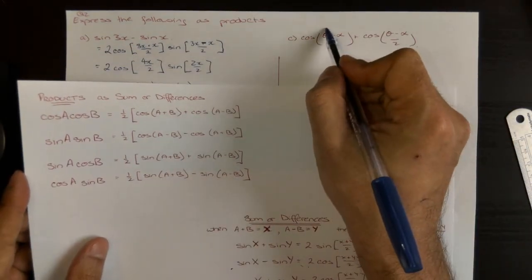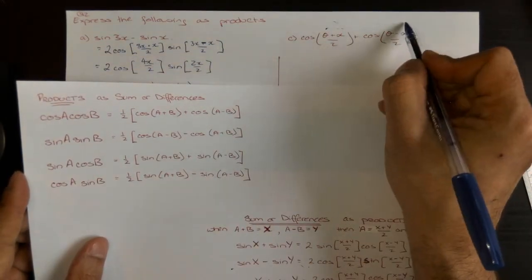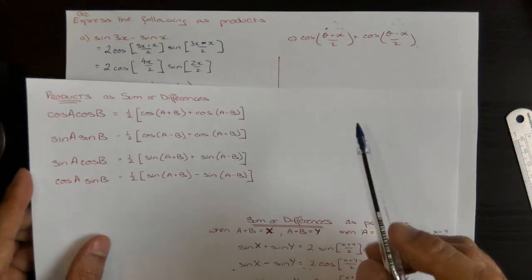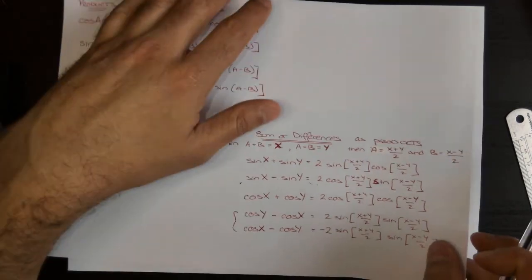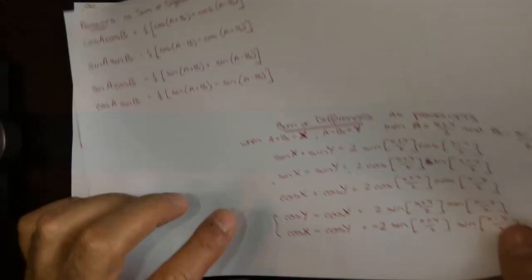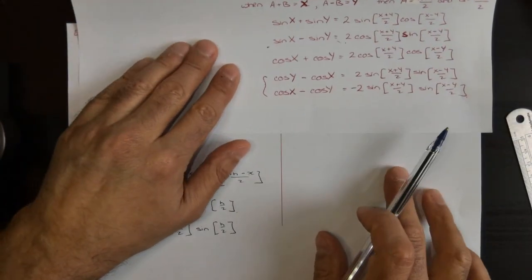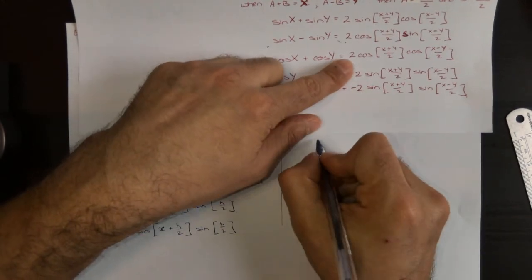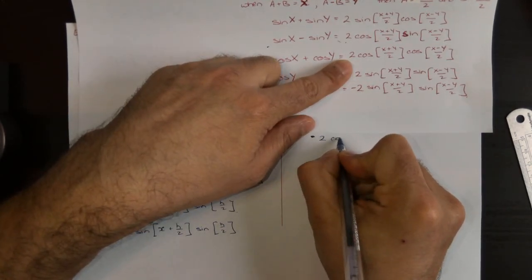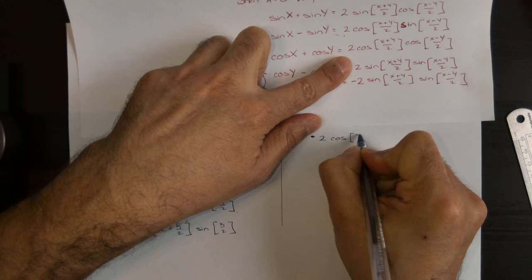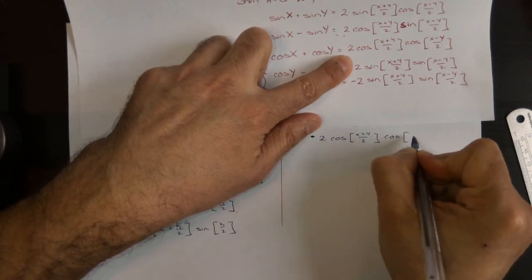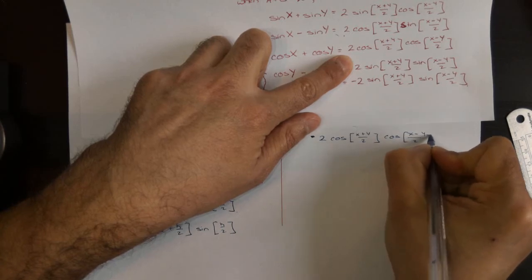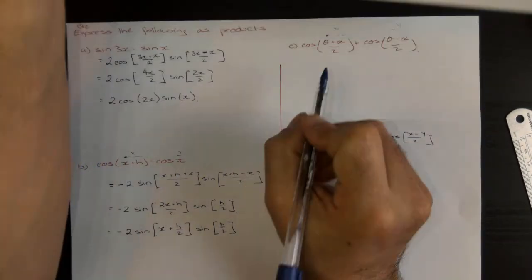So we've got this being our x, this being our y. We're adding two cosines together, so it is going to be that identity. So I'll just write it down here, just transfer it. So we've got 2 cos of (x plus y) over 2, cos of (x minus y) over 2, because we're adding two cosines.